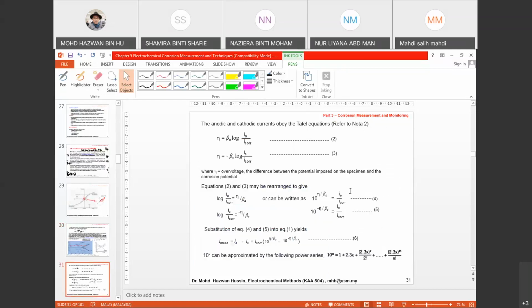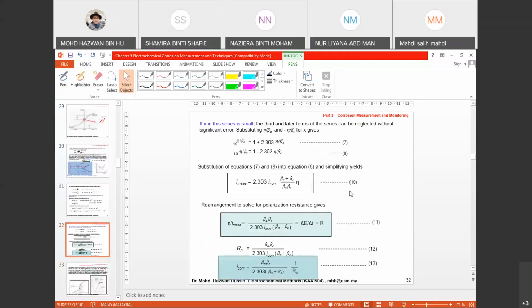And this is also what you have seen in chapter 4, the relation of overpotential to beta A, or the slopes of Tafel, beta A and also beta C. So this is what I taught you just now, how you can calculate I corr from RP values.